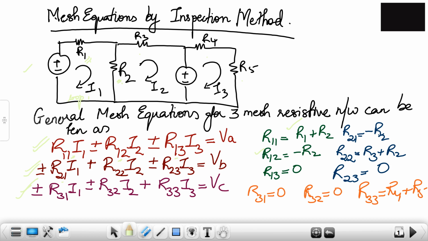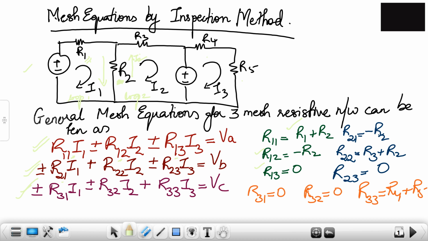When we are talking about R12, it is the resistance which is common between loop 1 and loop 2. In this case, what is the resistance that is common? It is R2. Since the direction of current I1 is this way and the direction of current I2 is this way, we are putting it as minus R2.